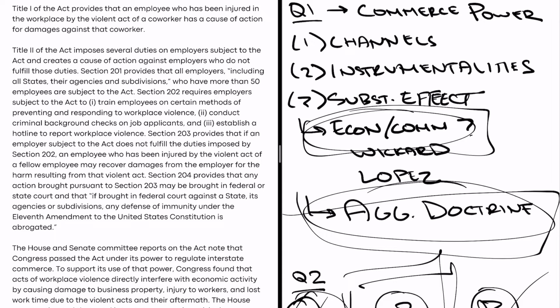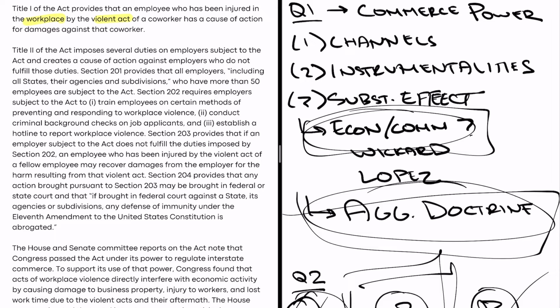And we want to think as we read this, is this regulating an instrumentality of interstate commerce, a channel of interstate commerce, or some other activity that might have a substantial effect on interstate commerce? So we read on. Title 1 of the Act provides that an employee who has been injured in the workplace by the violent act of a coworker has a cause of action for damages against that coworker.